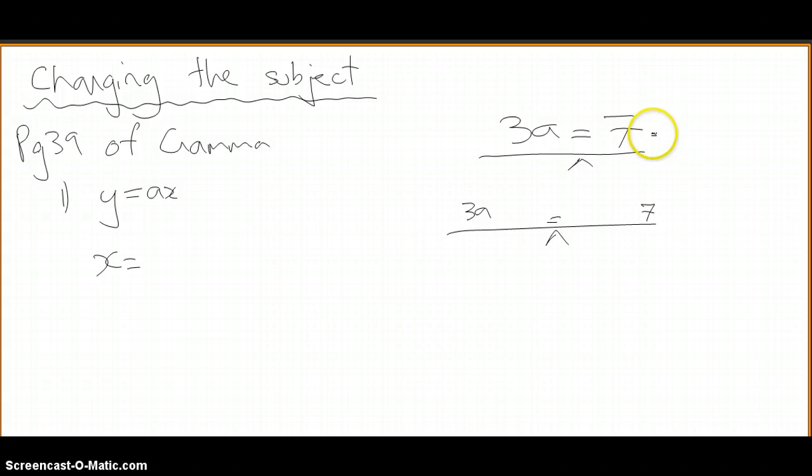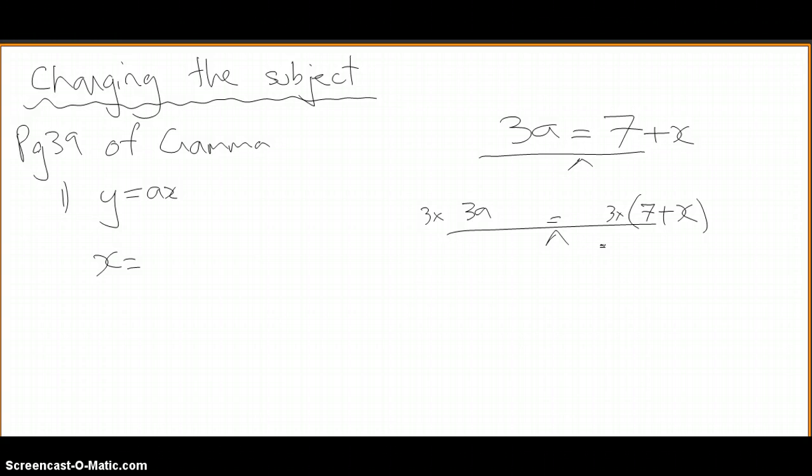Even if I had made the equation slightly more difficult, I could say triple both the left and the right, which I need brackets to do. As long as you do the same thing to both sides, you're allowed to do it.